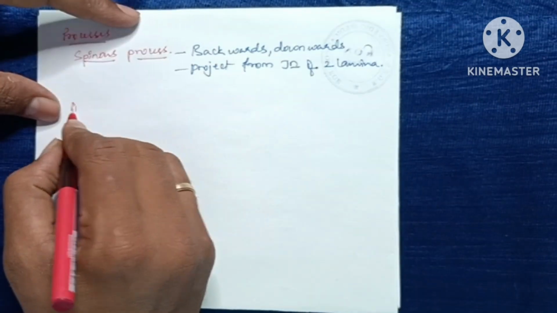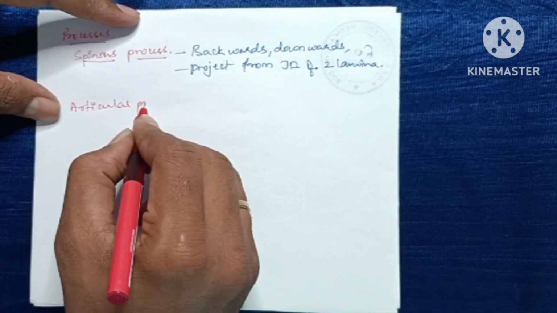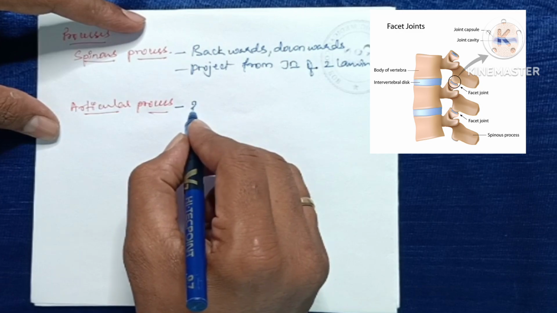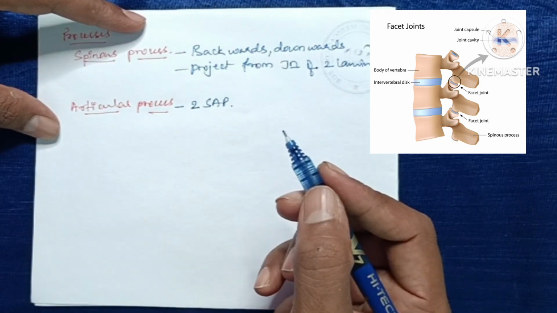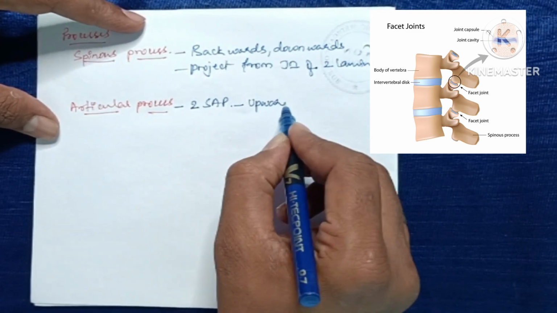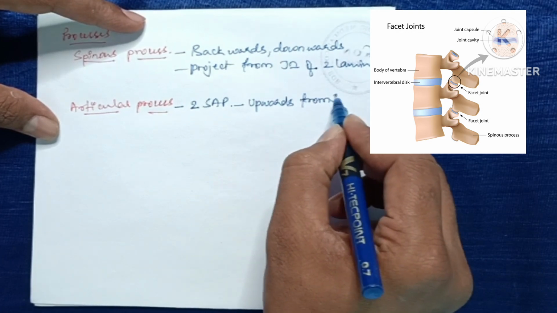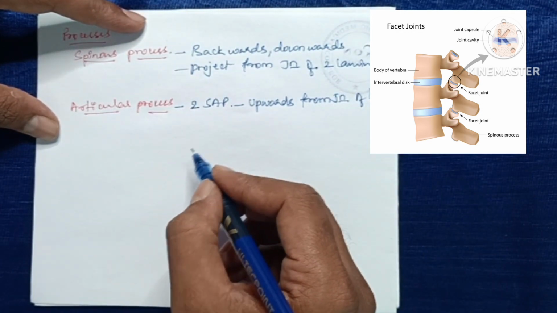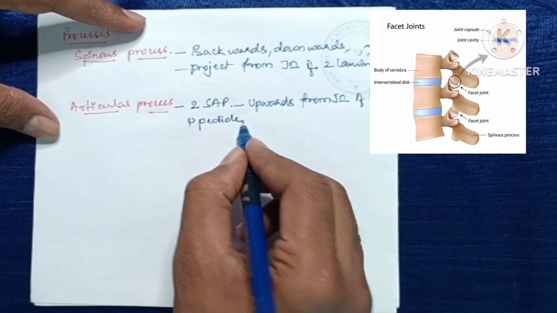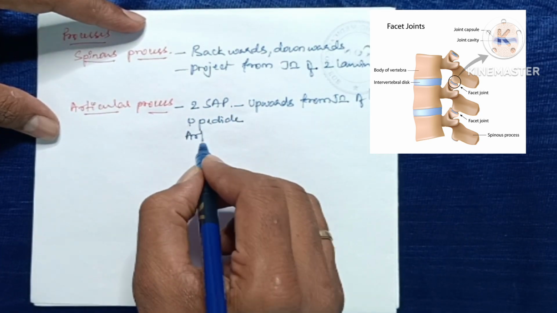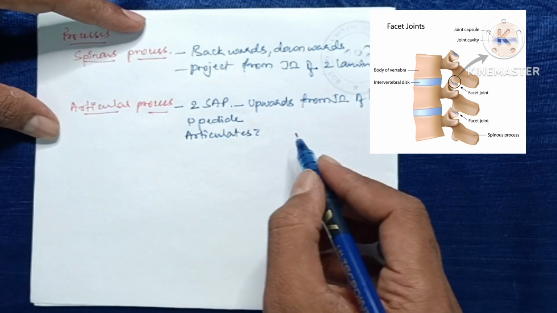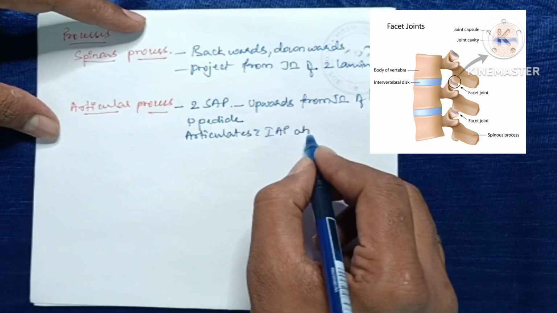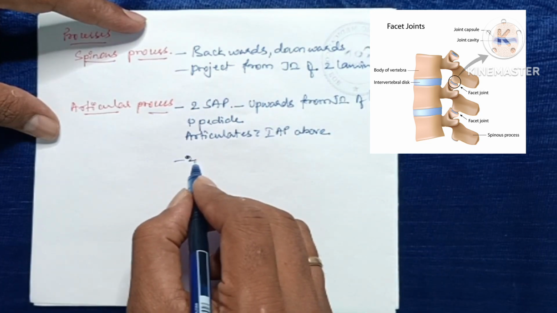Next we'll see the articular processes. First is the superior articular process, which we represent as SAP. It projects upwards from the junction of the laminae and pedicle. This articulates with the inferior articular process above, which I am representing as IAP.